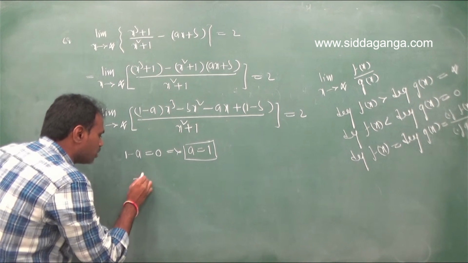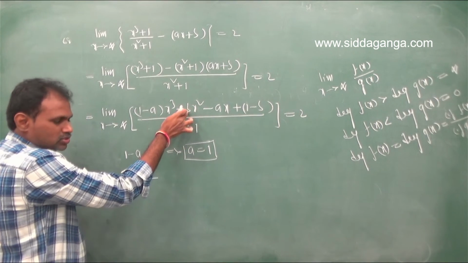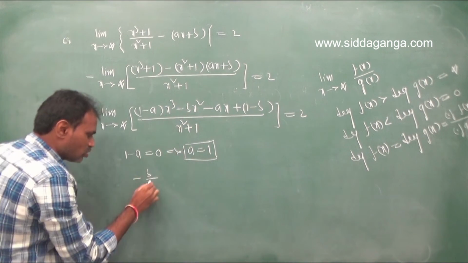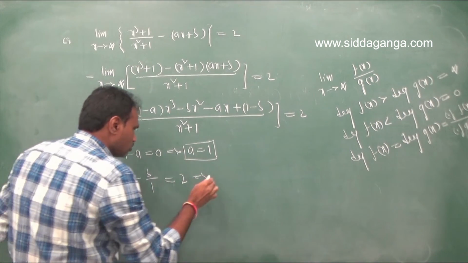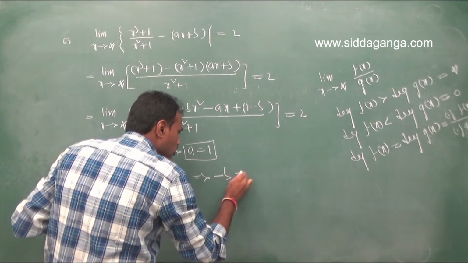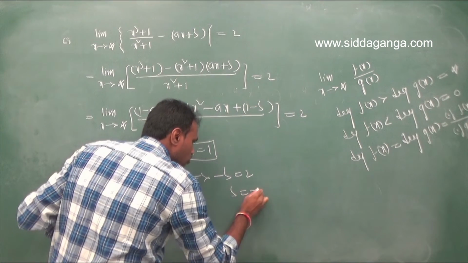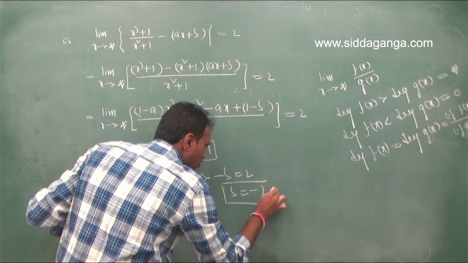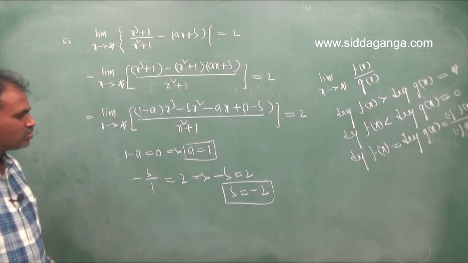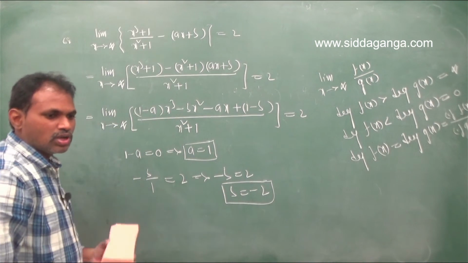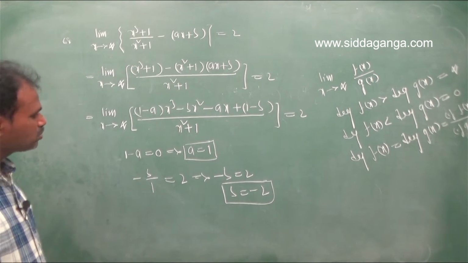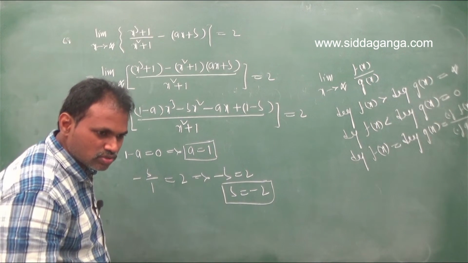The x square coefficient in the numerator is minus b, and in the denominator it is 1. The result is 2, which implies minus b equals 2, so b equals minus 2. Therefore the value of a is 1 and the value of b is minus 2. Therefore option 3 is right. Next question.